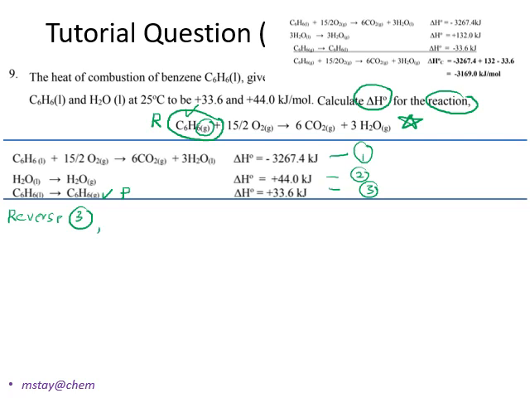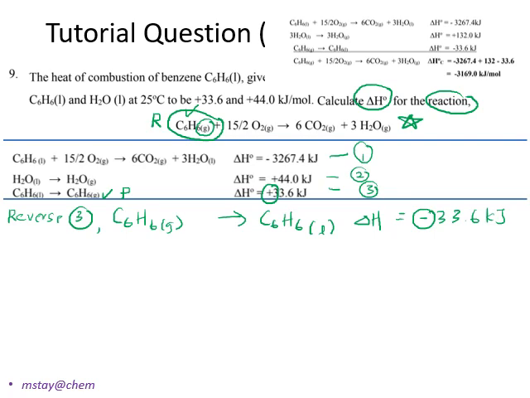Once we reverse equation 3, the benzene gas will be the reactant and the benzene liquid will become the product. Because we reverse the equation, the delta H needs to change sign, becoming negative 33.6 kilojoule because initially it is positive. When the positions of reactant and product are switched, we have to switch the sign to negative.